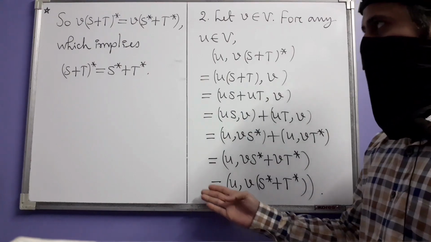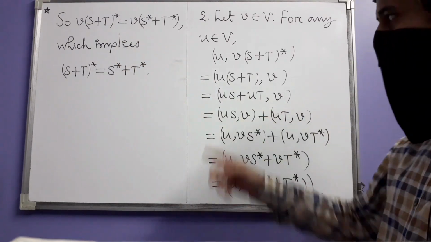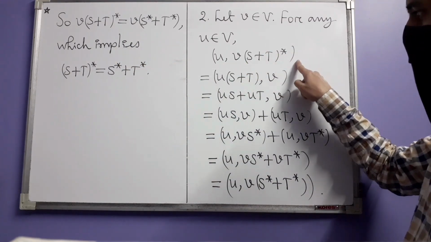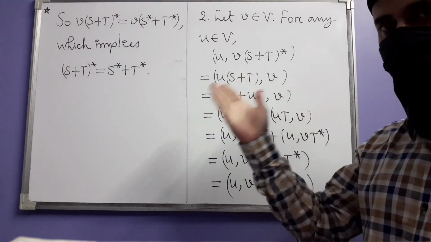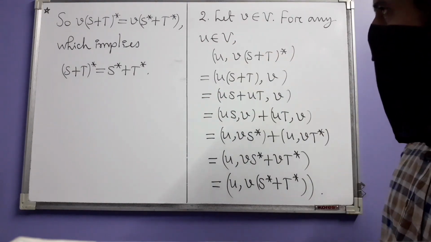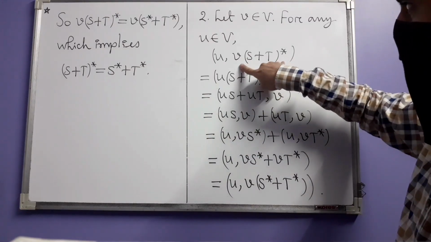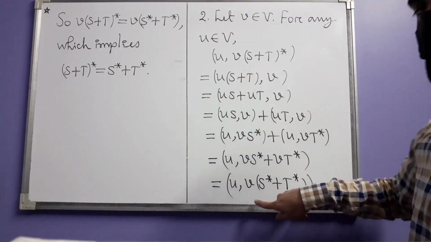So we can write the conclusion like this: because of the equality of this inner product and this inner product for all U belonging to V, this second component equals this second component.